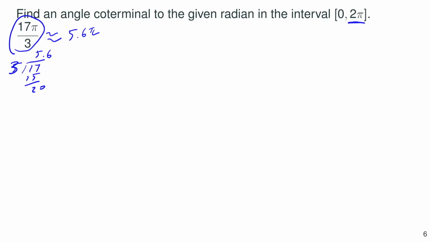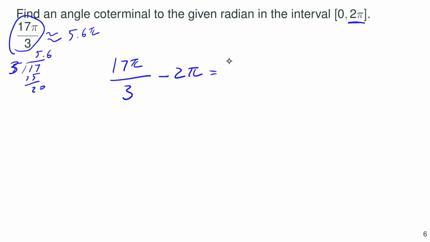So what we have to do is subtract a full rotation until we get an angle between 0 and 2 pi. So we start from 17 pi over 3, and we subtract 2 pi, because 2 pi is the full rotation in radians. But in order to subtract these two numbers, we have to have a common denominator.